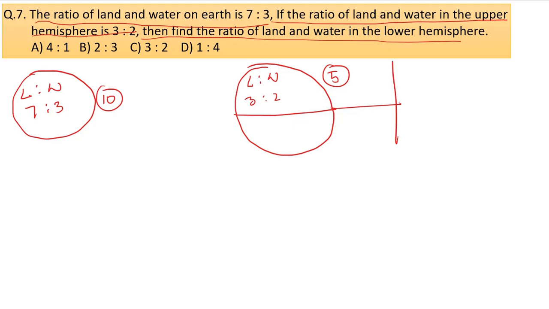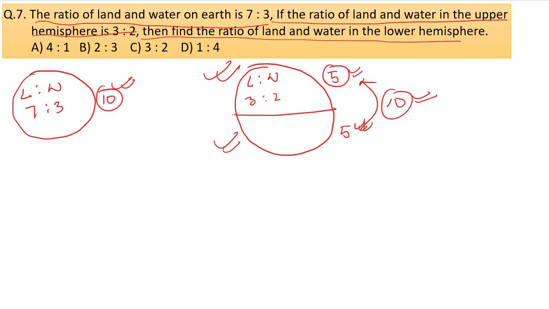We know that the upper hemisphere and lower hemisphere are each half of the total Earth. So if here we have 5 units, then here we will also have 5 units, and the total is 10 units. 5 plus 5 is 10. Here the total is 10 units, and here also we have 10 units. That means our equation is balanced.